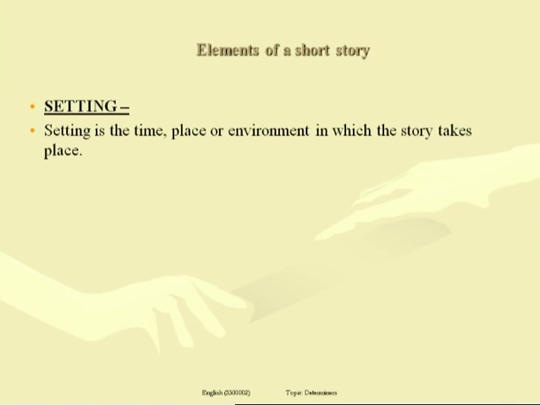To be able to make the reader visualize what is happening in the short story, it is very important to set the incidents or the characters in a particular time. For example, some stories are set in 19th century India. Some stories are set in the earlier half of the 20th century.